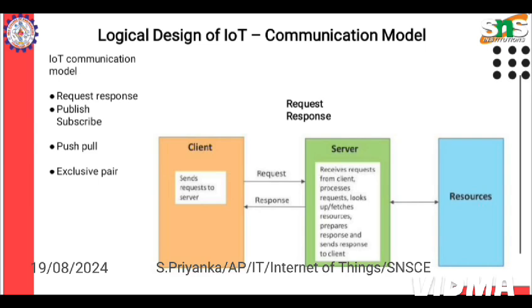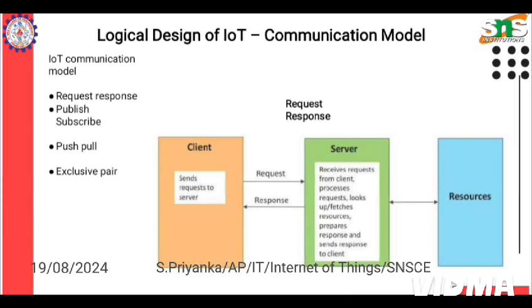The request response is a communication model in which the client sends a request to the server and the server responds to the request. Next is the publish subscribe. Publish subscribe is a communication method which involves a publisher, broker, and consumer.